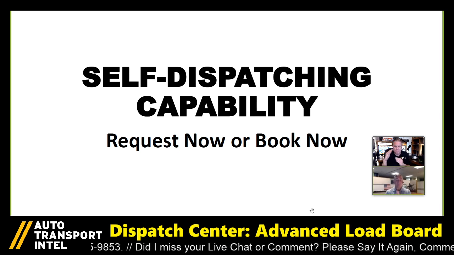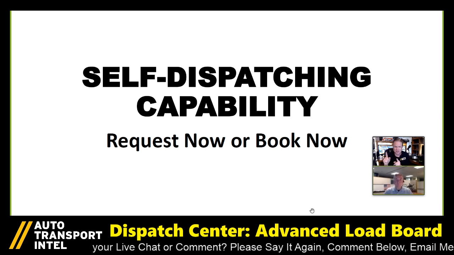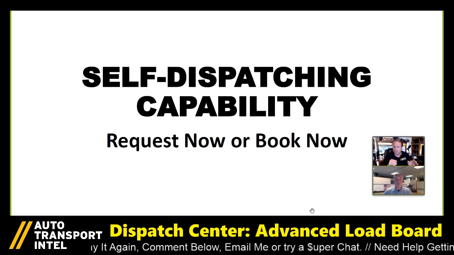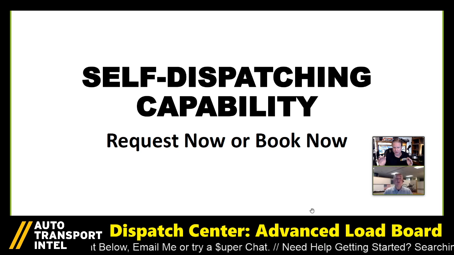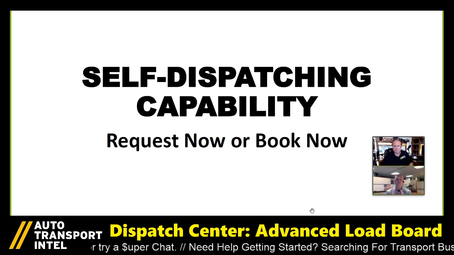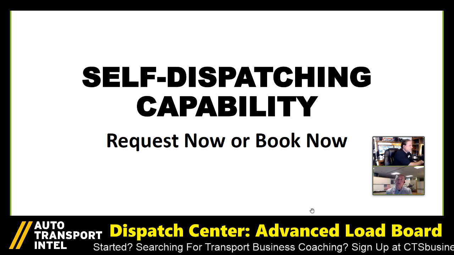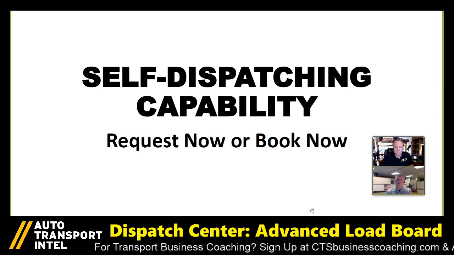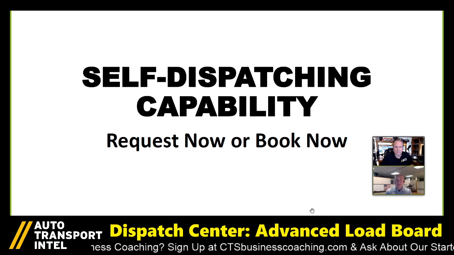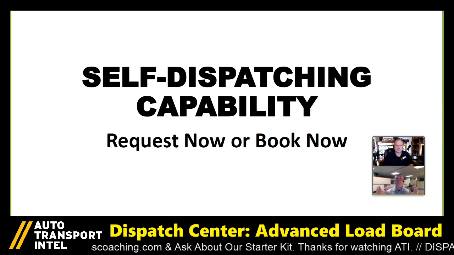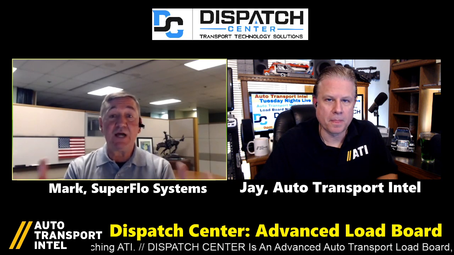I want to hit pause on that because you talked about the difference between Pro Check and self-dispatching capability. They're tied to each other, right? It is. And why I segued into that is because the broker is going to be able to select anybody who is not on the broker's do not use list, because every broker has somebody they do not want to use.